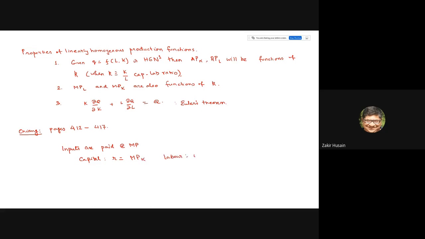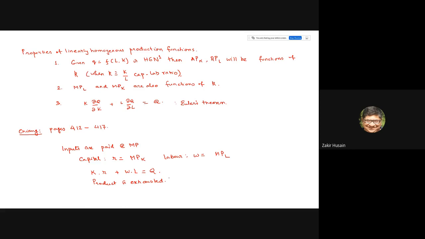Labor is paid W, which is equal to MPL. So if you substitute this over here, KR plus WL, we get Q, so the entire value of the product is exhausted.